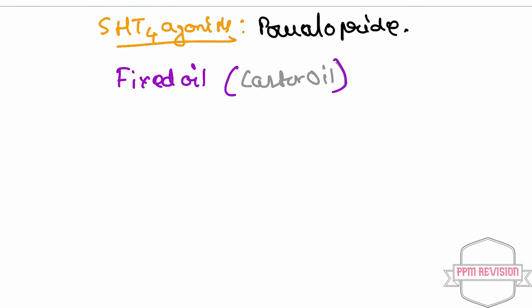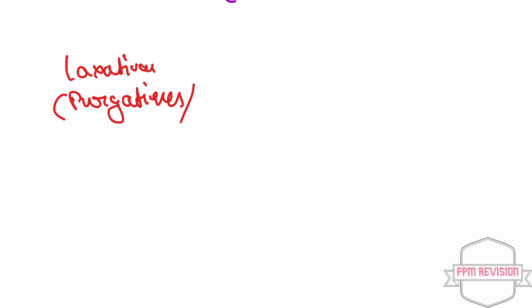Now we are done with the laxatives, whereas I'll just be mentioning the other names for these laxatives. So laxatives, also known as purgatives or cathartics. Okay, so we need to know all this.